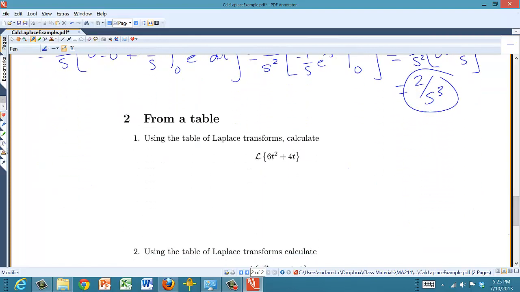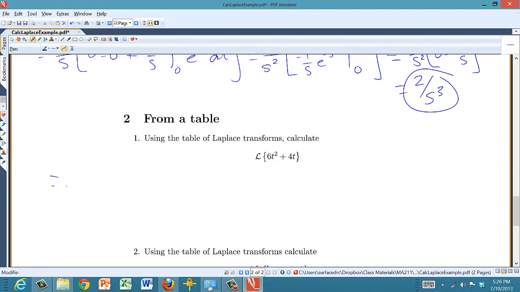Alright, when we say using a table of Laplace transforms, I just mean use the table of Laplace transforms that I gave you. Turn this Laplace transform into a few simpler Laplace transforms that you can look up in the table of Laplace transforms. That table is posted on Moodle. It says table of Laplace transforms.